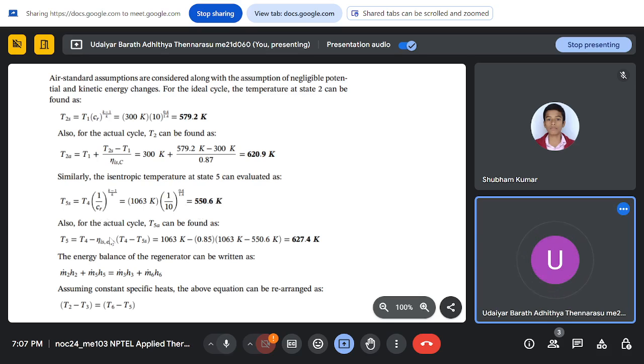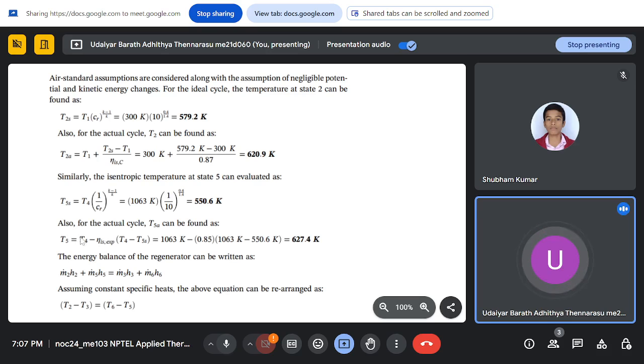The actual temperature can be found using the efficiency formula. So T5 is T4 minus the efficiency of the turbine into T4 minus T5S, that is, the actual by ideal. So the actual will be ideal into efficiency of the turbine, and again it's expressed in terms of temperature. Assuming your Cp is constant, it gets cancelled out.